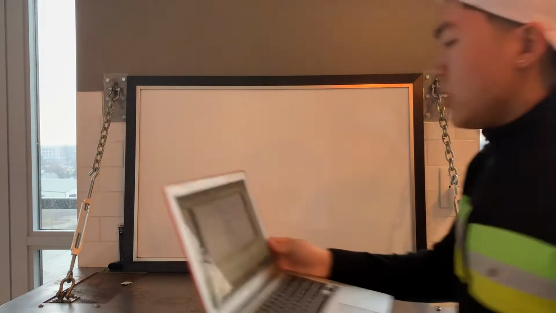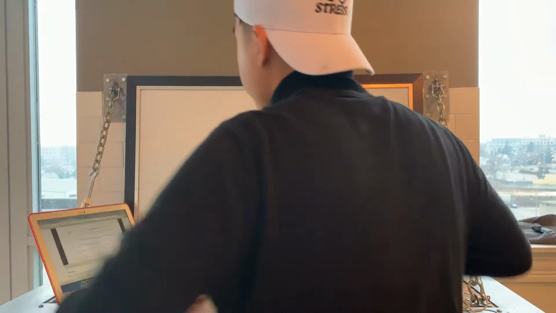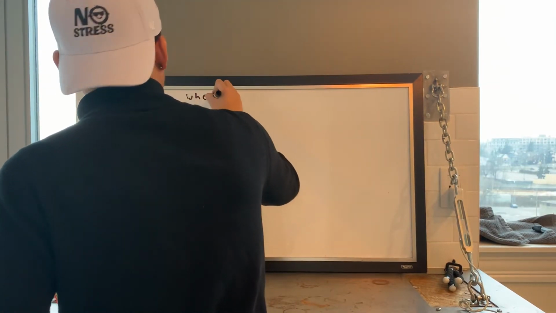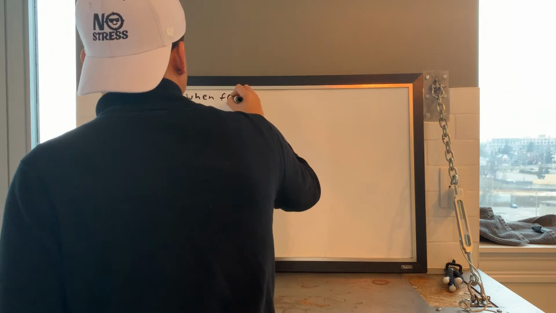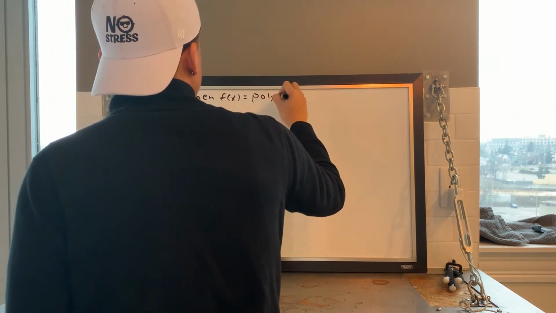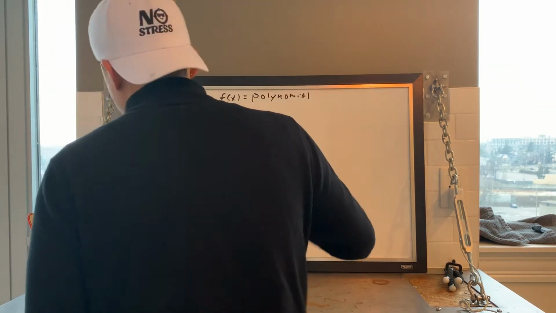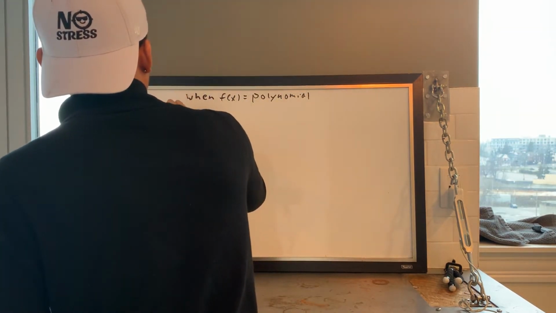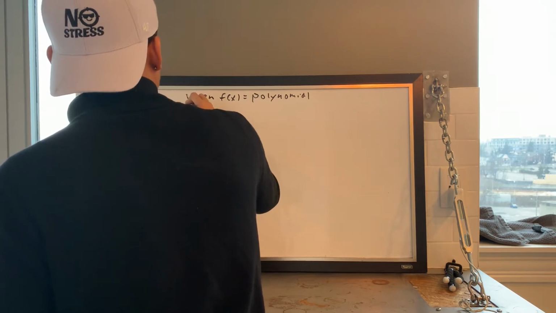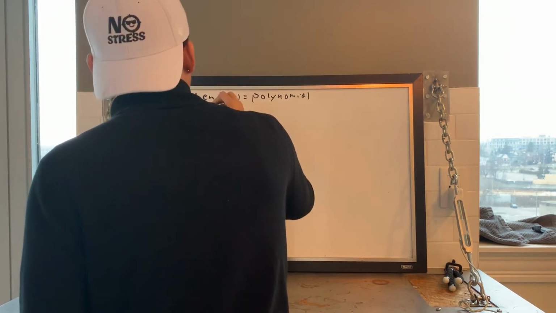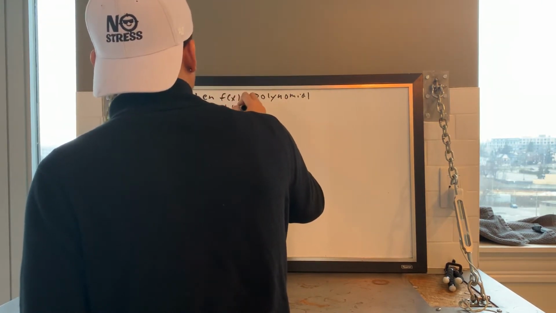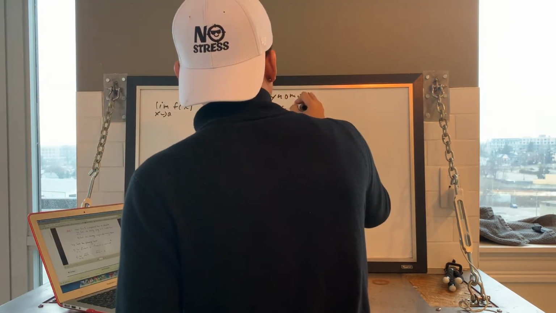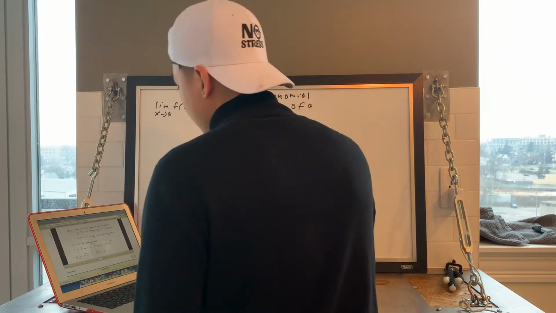So when f of x equals a polynomial, the limit as x approaches a of f of x, you just sub in the value of a. That's all you have to do.